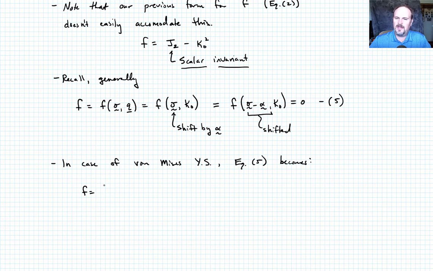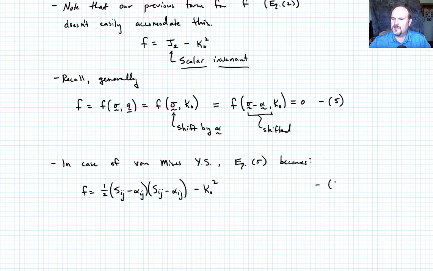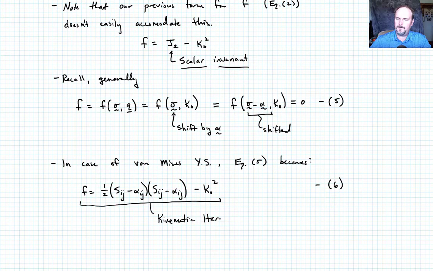So it really ends up being 1/2 times Sij minus alpha ij, shifted, times Sij minus alpha ij, minus K naught, the quantity squared. We can call that equation 6. So this will be our yield function for the case of kinematic hardening. This is how we would write that.